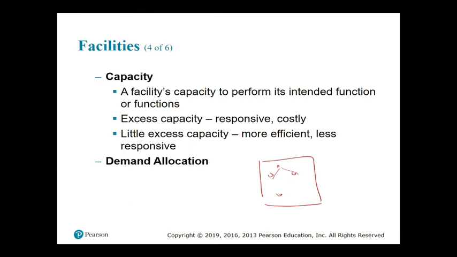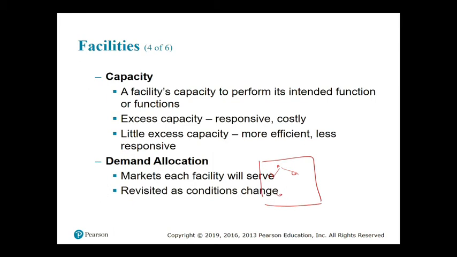And this is perhaps a more relevant decision nowadays because of online businesses. And as demand conditions change, demand allocation decisions should be revisited more frequently than the location and capacity decisions.